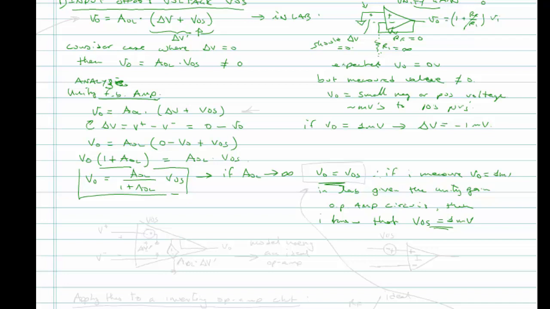Okay, so by adding this offset here, we have found that we can explain, using this adjusted model, what we actually see in the lab.